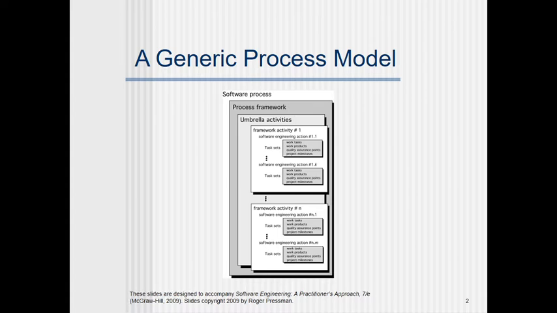Why do we use this process model? Because it controls and organizes the various activities of the process of creating a software. Otherwise, if we do not follow a process, then the development of software will be very chaotic and very cumbersome to manage.